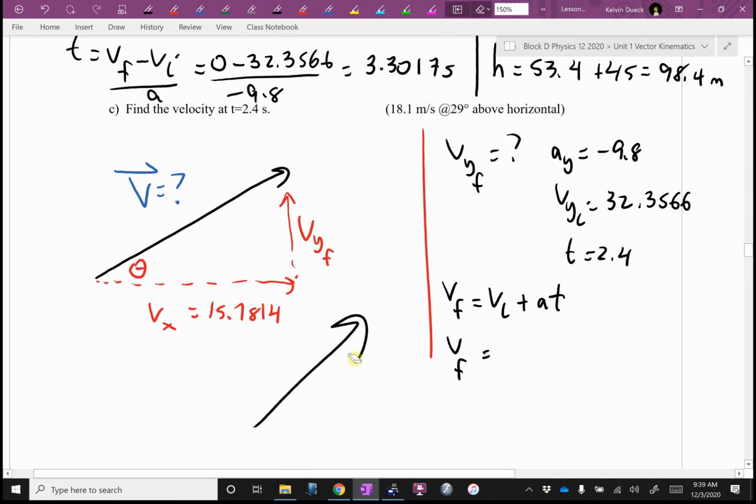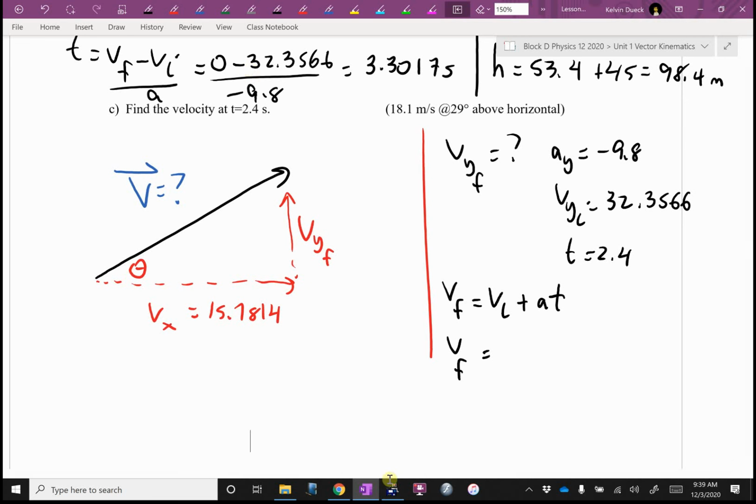Or I could figure out if I'm at the top by letting Vy final equal 0 and solving for t the same way we did here, and then I know whether I'm on my way up or down. Sometimes I'm lazy, or sometimes the time is really big and I'm pretty sure we're on our way down. Here we're only 1 second after launch, so we're probably still on our way up. Does that make sense?